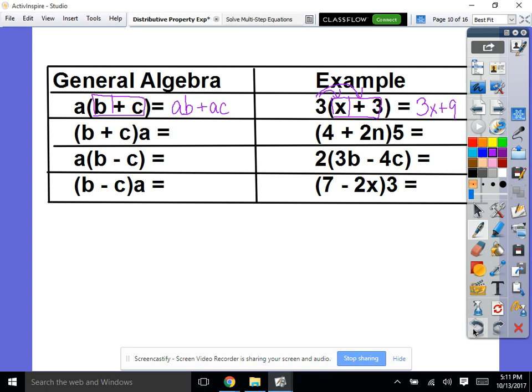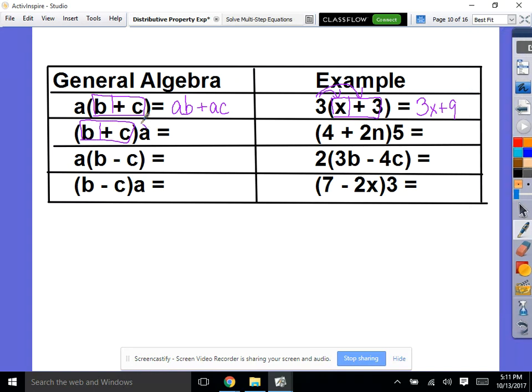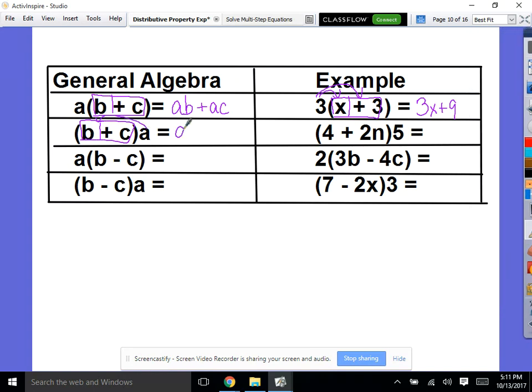But either way, you still are multiplying a times b to get ab, and a times positive c to get positive ac. So this would be 5 times 4, which is 20, and 5 times positive 2n would be positive 10n.